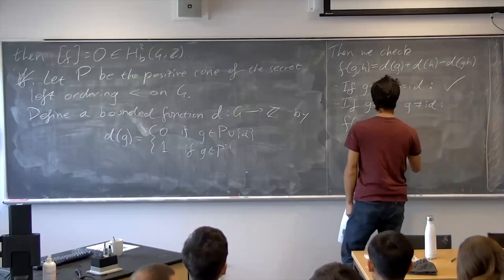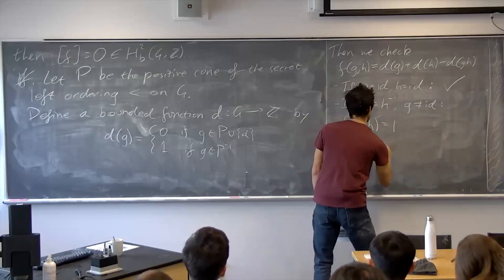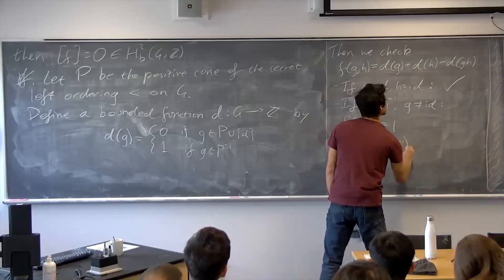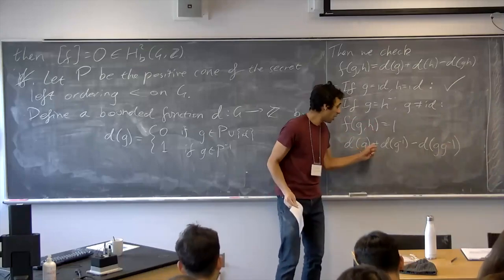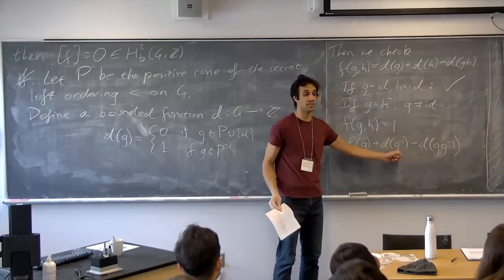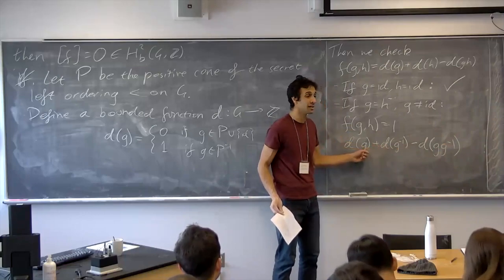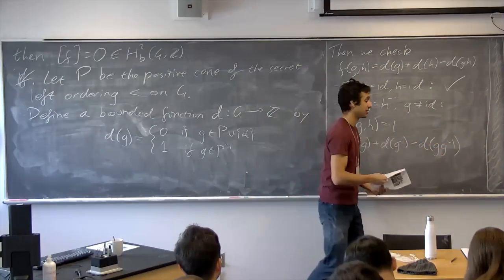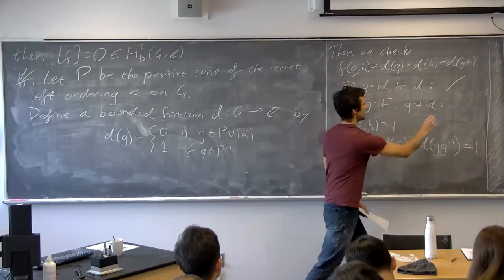For the right-hand side, we have D of G plus D of G inverse minus D of GG inverse. One of these is in the positive cone, one of these is not. So exactly one of these turns out to be 1. This is always 0. So this equals 1. So this case is good to go.